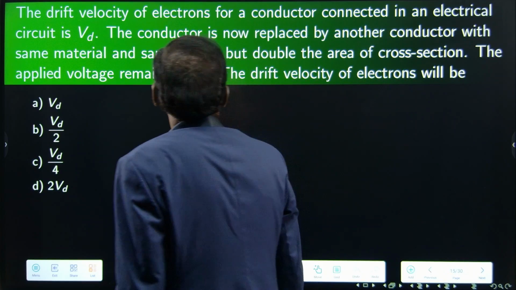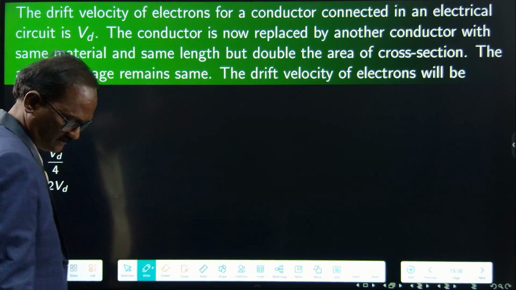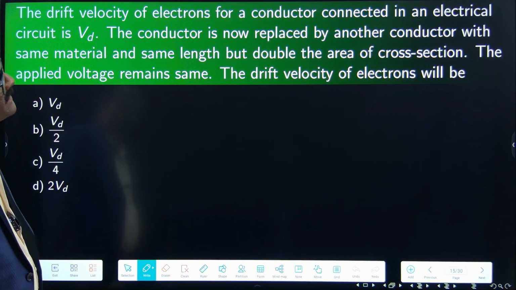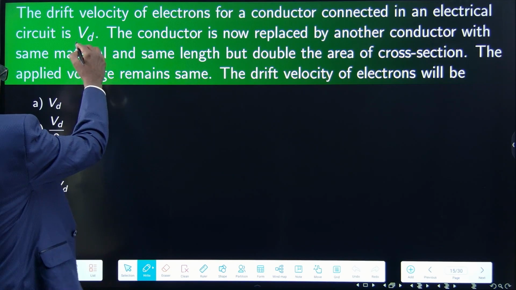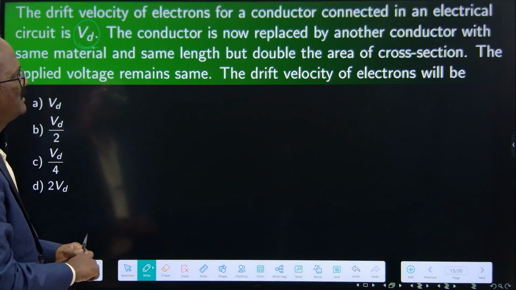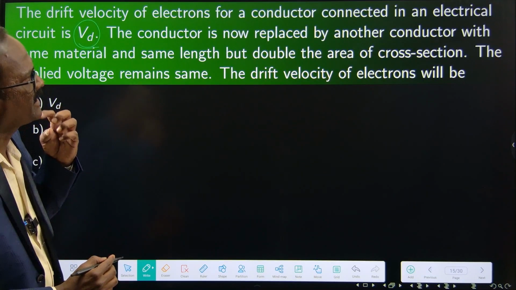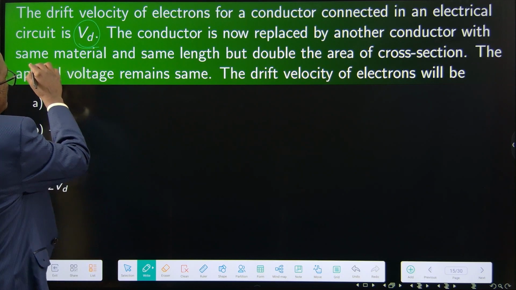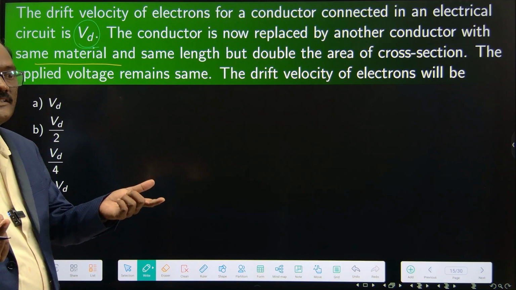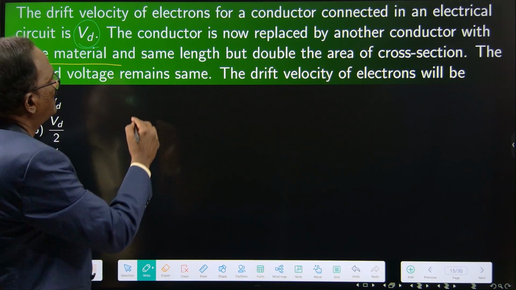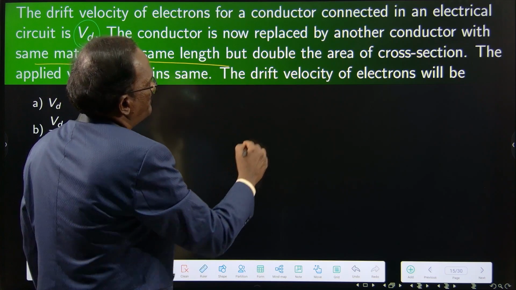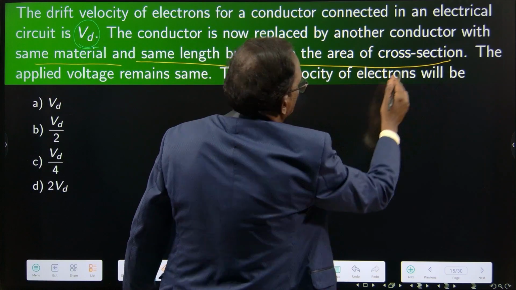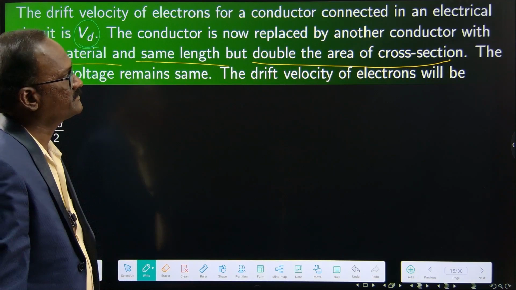The drift velocity of electrons for a conductor connected in an electrical circuit is VD. The conductor is now replaced by another conductor, same material and same length, but double the area of cross section. Again, area of cross section is coming.